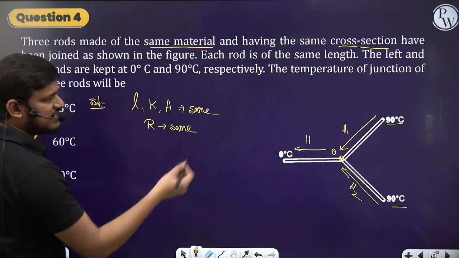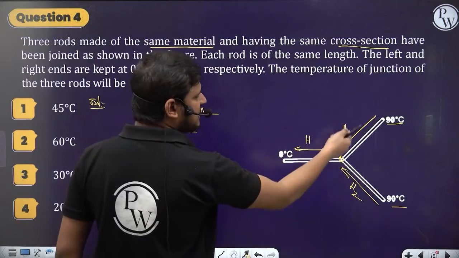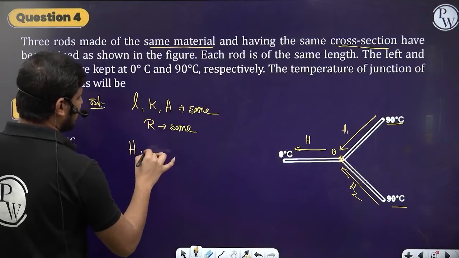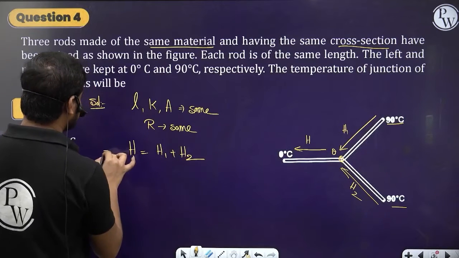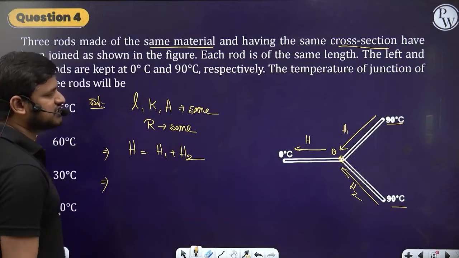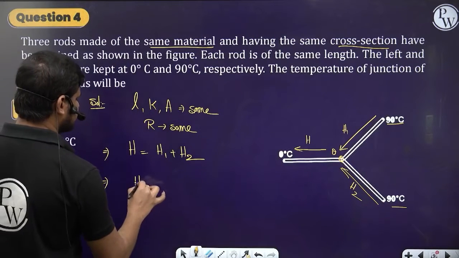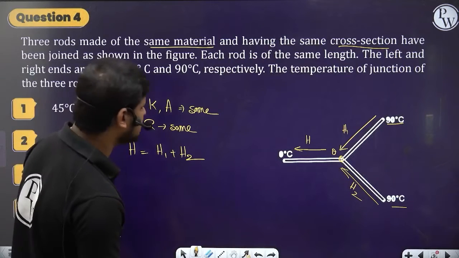I can directly see that this is a parallel combination. These two heat currents are coming and combining. So H is equal to H1 plus H2. Let's write the equation. We have to find the junction temperature.